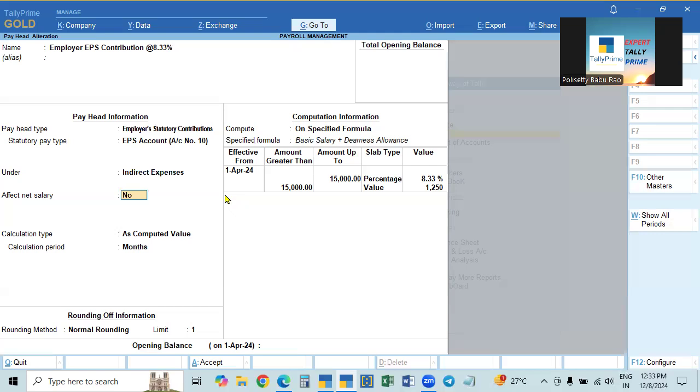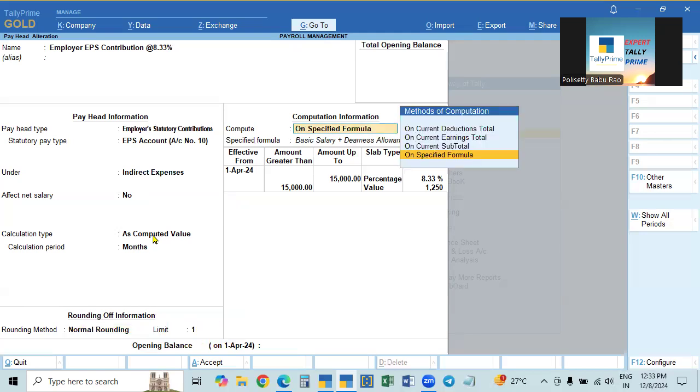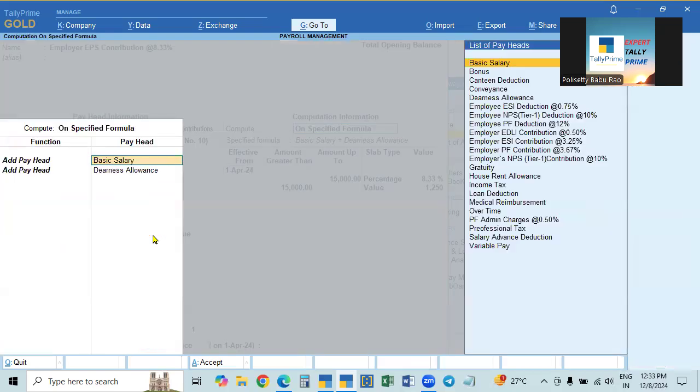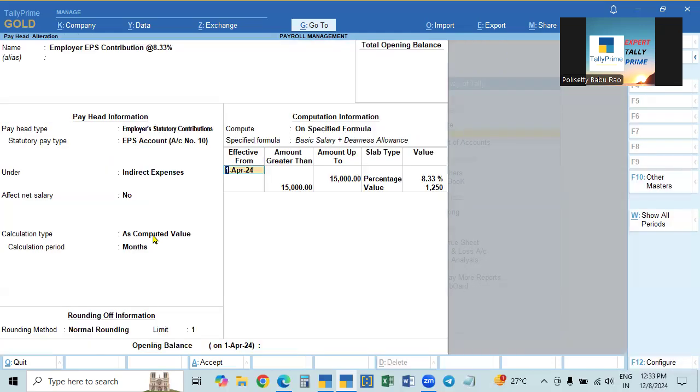Affect net salary, no. And here by default, it is to be taken as computed value. Normal rounding you will take up, and here we have to make the computation with a specified formula, and this is also related to provident fund. For provident fund, we calculate only on basic. Basic means basic salary plus dearness allowance. These two we will take up. It is limited to 15,000.